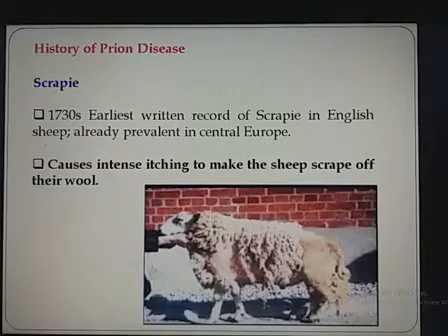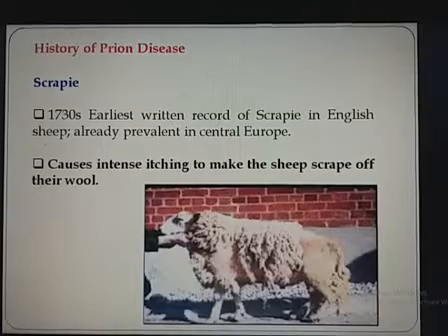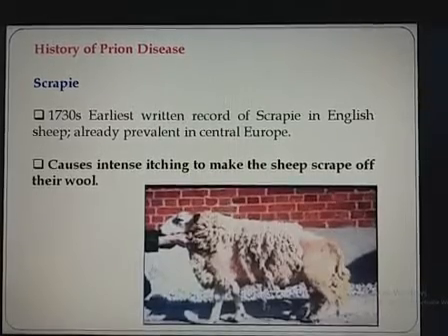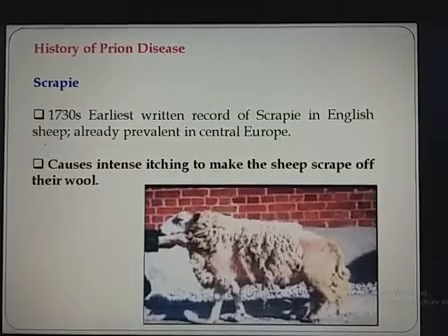This particular disease is responsible for continuous or intense itching of the sheep, and finally the sheep scrape off their wool, and this is how the term scrapie came to describe that abnormal prion protein. Okay.